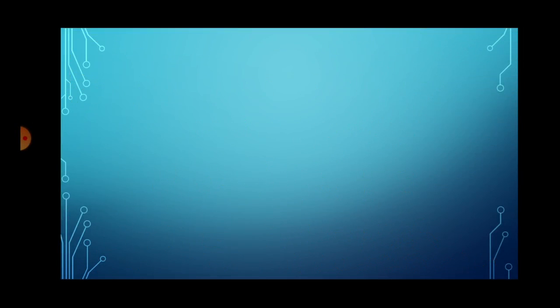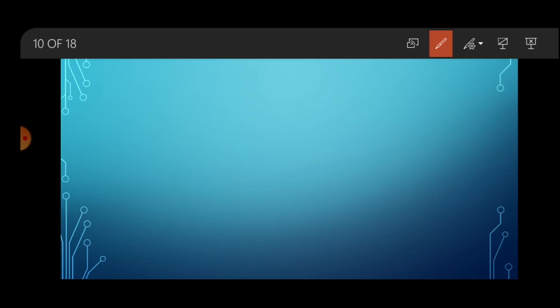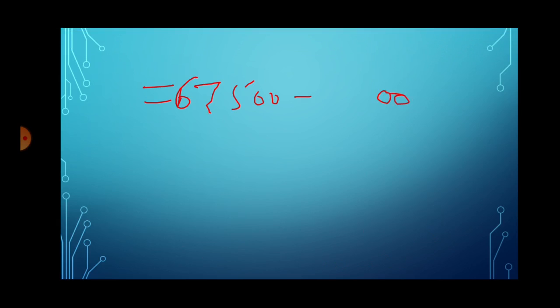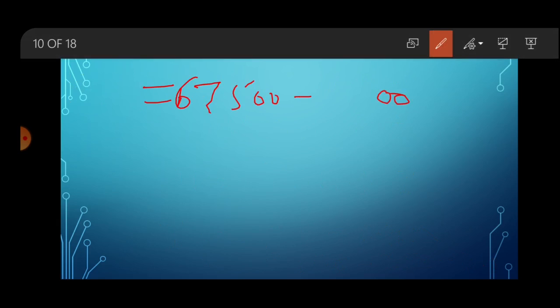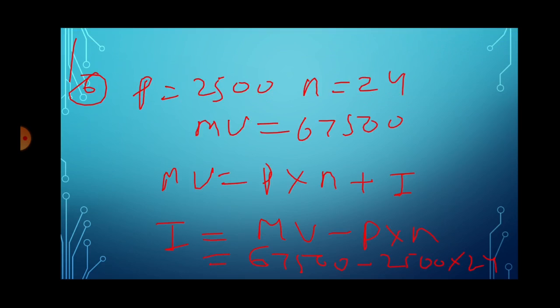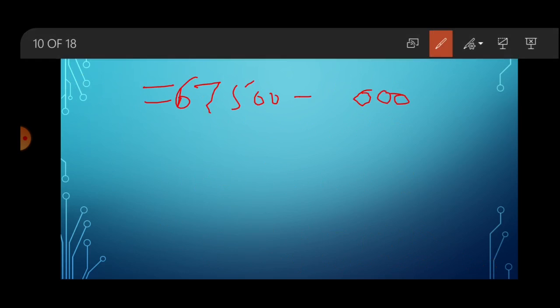So 67,500 minus 60,000. So that is your, so your interest is 7,500. So that is the answer for your first part.